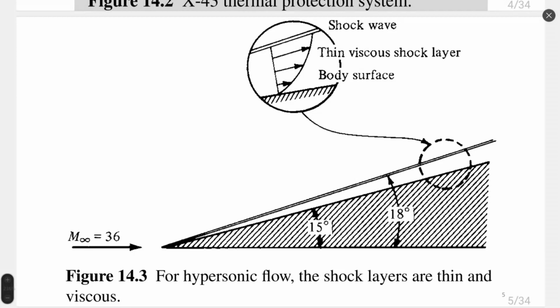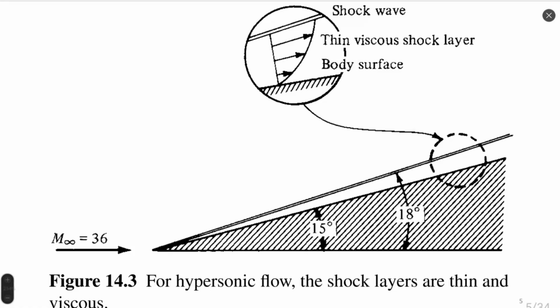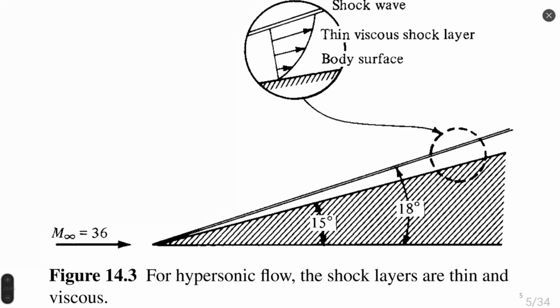Now I would like to show you on figure 14.3 the structure of flow in hypersonic conditions, where Mach infinity is 36. We can see that a body of 15 degrees generates a shock wave of angle 18 degrees.